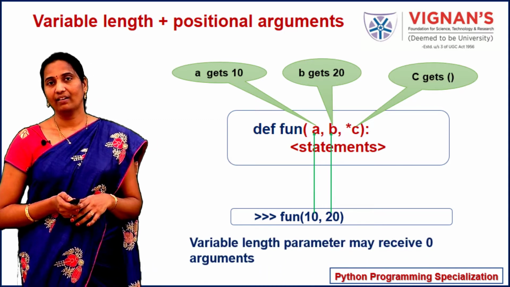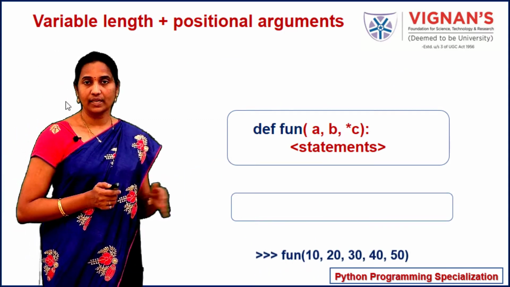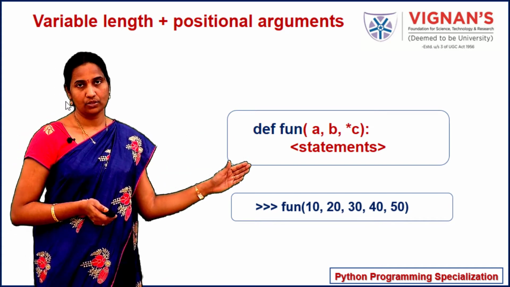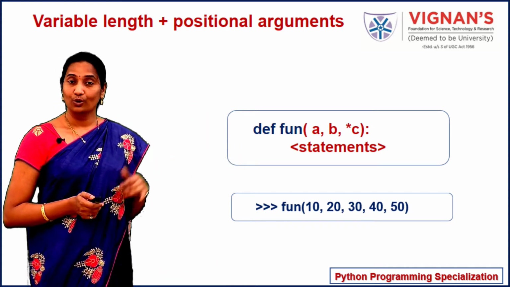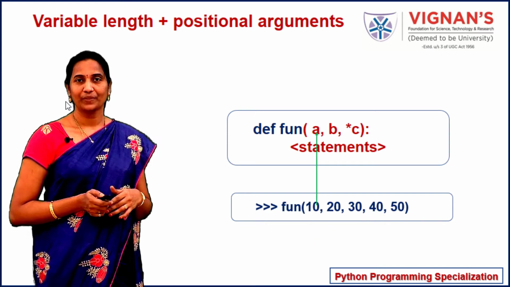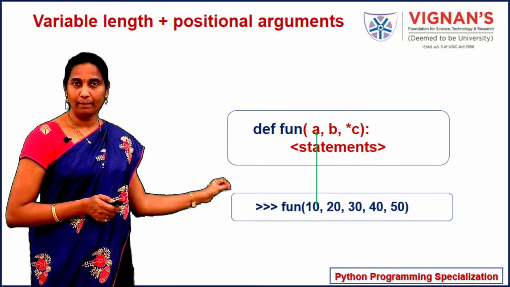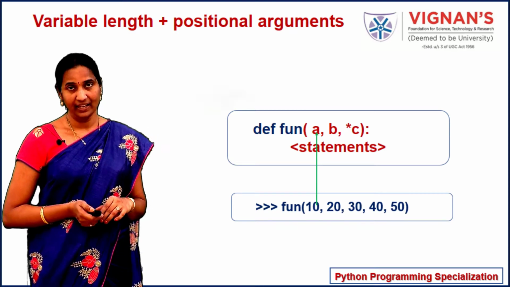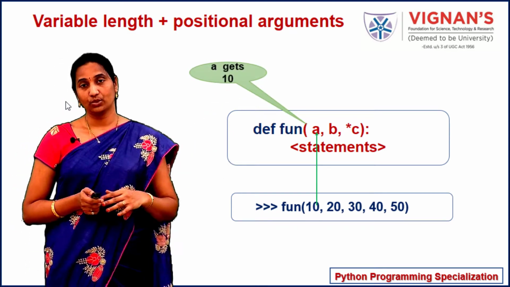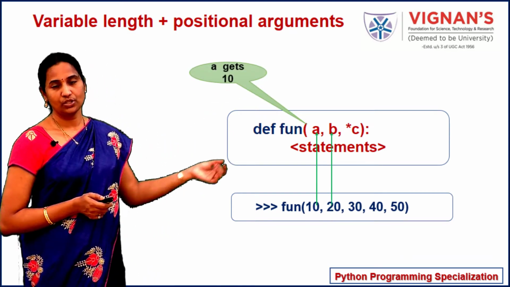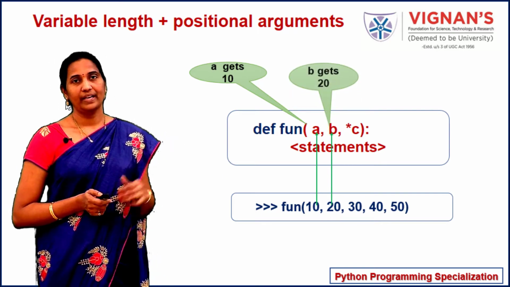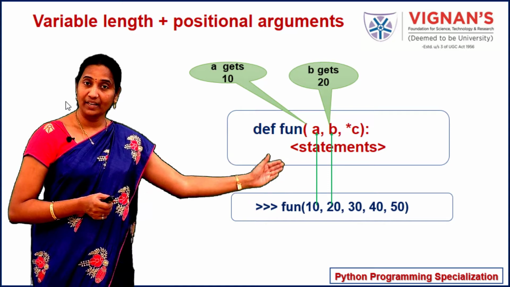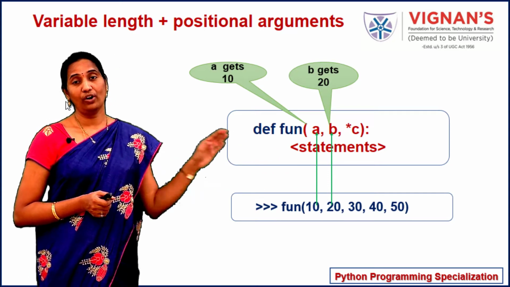So now let's have another example. In this case I am going to call this function by passing 5 different arguments to the same function fun. So let's see how it works now. The first argument you are passing will be copied to the first positional parameter, that is A. Then the second value you are passing, 20, will be copied to the positional parameter B. That's how A gets 10 and B gets 20. And what about the remaining arguments? There are 3 more arguments, right?